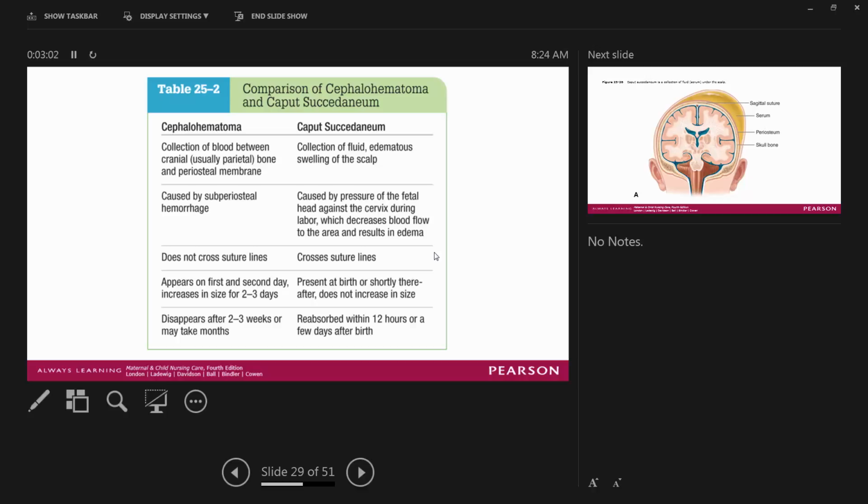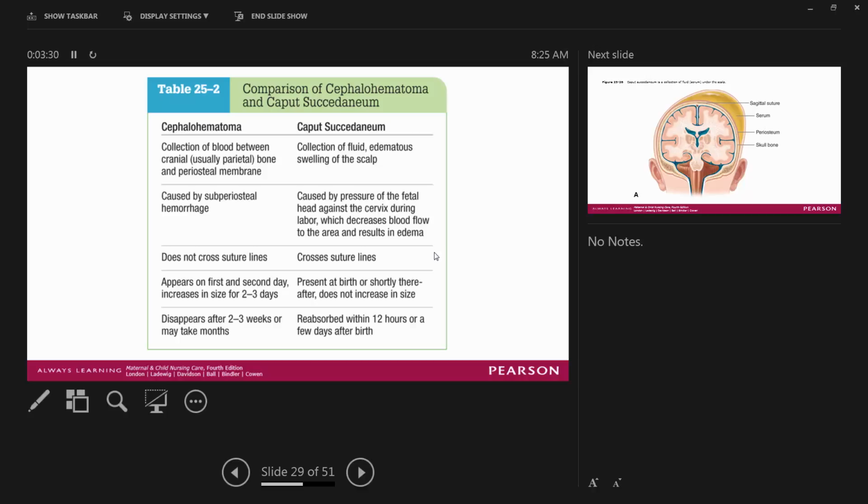So if we have a hematoma developing on this side of the skull, that hematoma will stop right there at that suture line. We'll have this really funny looking thing right here on this suture line. The caput, this fluid swelling or edema, can cross the suture line, so this whole thing might be swollen.